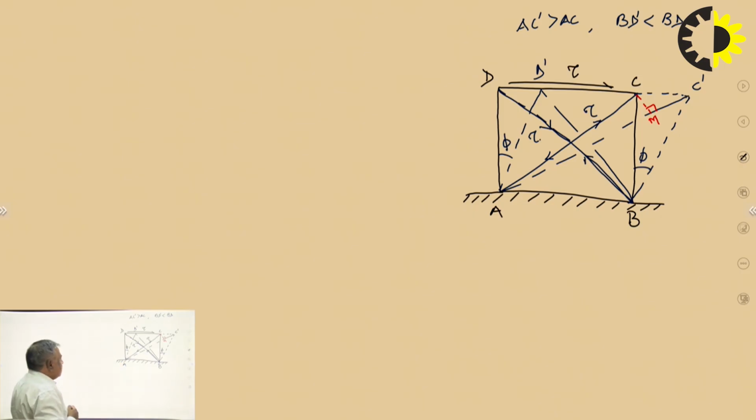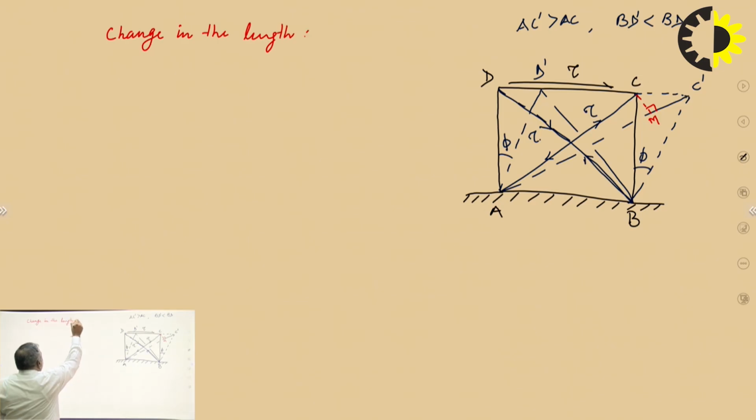So the change in the length of diagonal AC is C prime M. And what is C prime M?